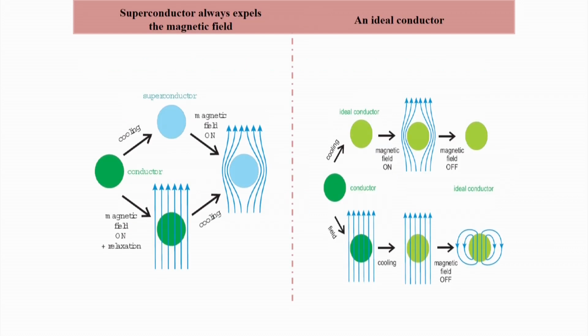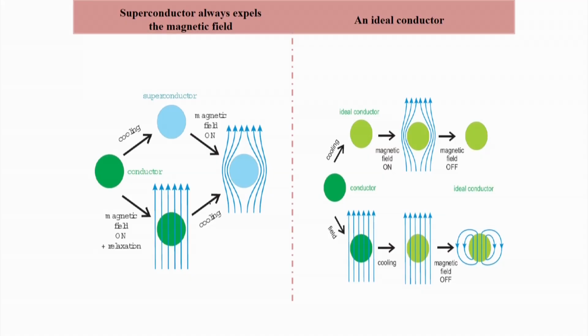So, let us make a distinction between the perfect conductor and the superconductor. Let us start with the superconductor. It is a conductor, and upon cooling it becomes a superconductor.